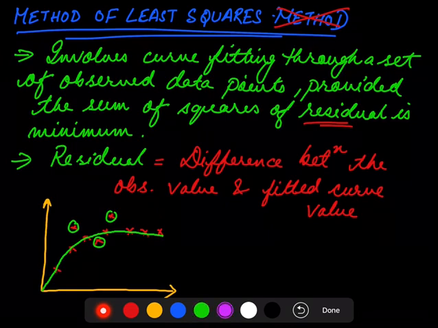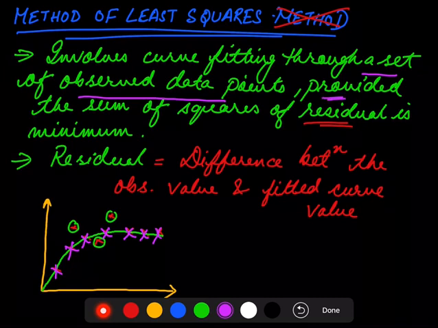So the method involves fitting of a curve through a set of observed data points. These are the observed points, and through them a curve is fitted, provided the sum of squares of the residuals is minimum.